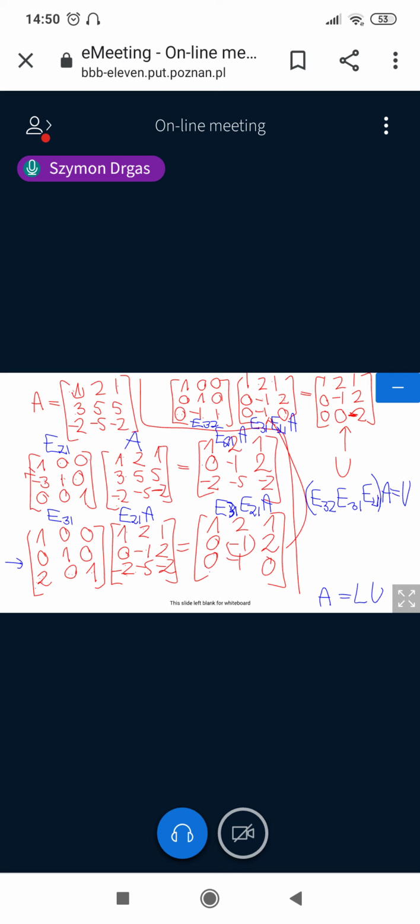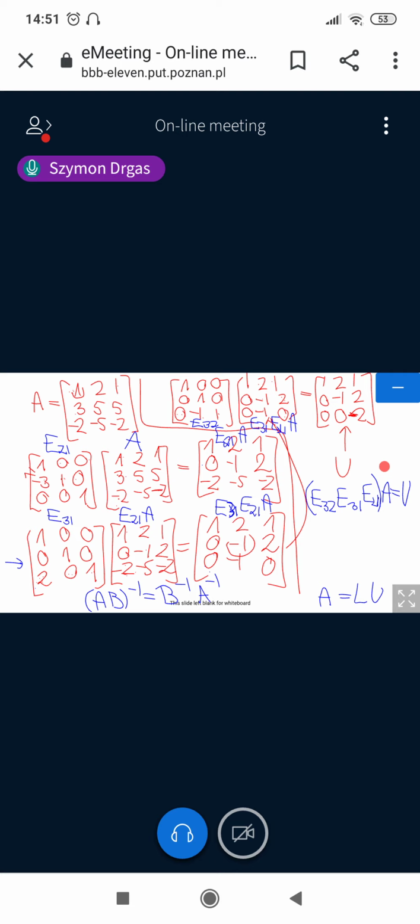And another important thing to remember is that if we want to find the inverse of a multiplication of two matrices, let's say AB, we can write it as a product of inverse matrices, but we need to change their order. So it will be B inverse times A inverse.